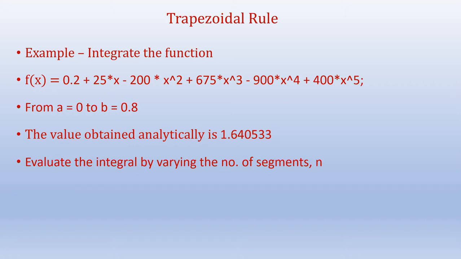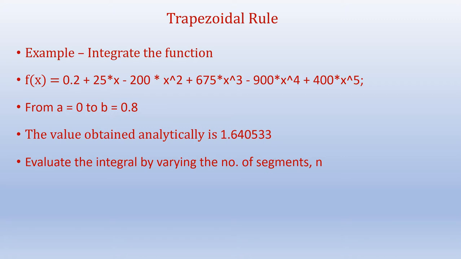Now let us do an example. We would like to integrate the function f of x, which is equal to 0.2 plus 25 times x minus 200 times x squared plus 675 times x cubed minus 900 times x power 4 plus 400 times x power 5, from a equals 0 to b equals 0.8.